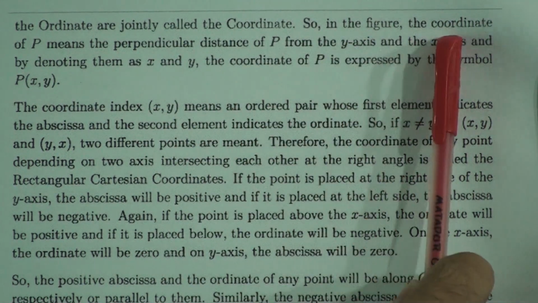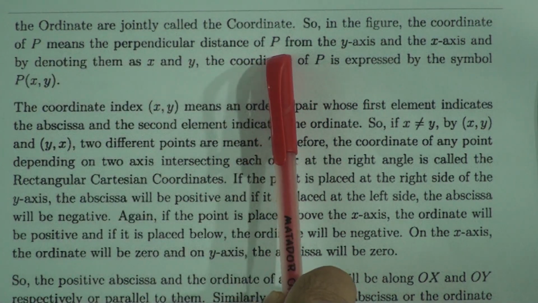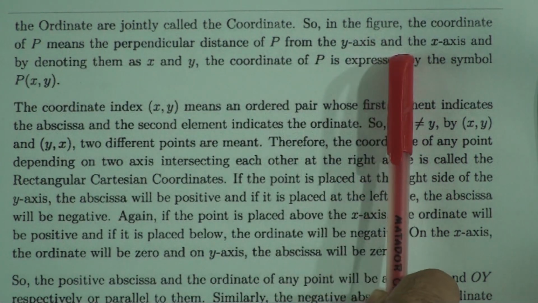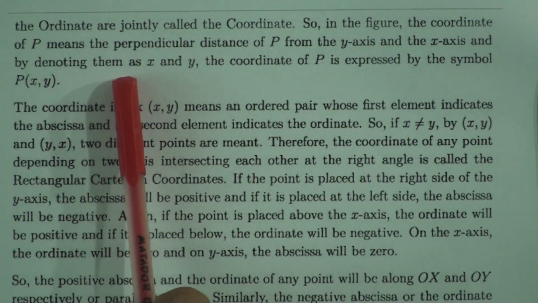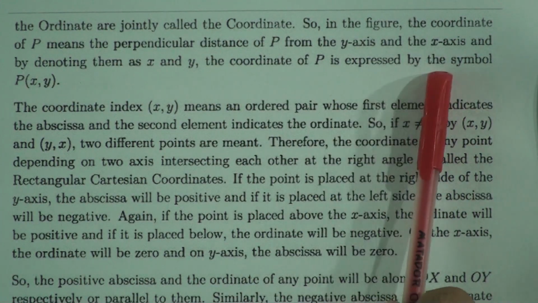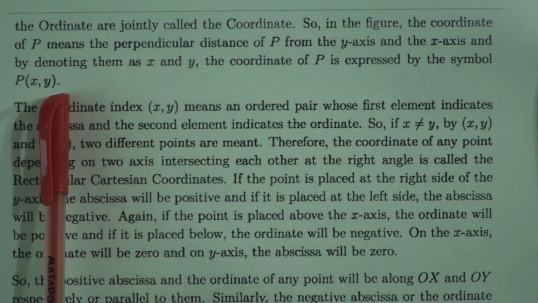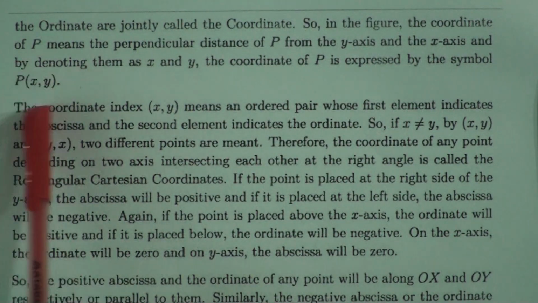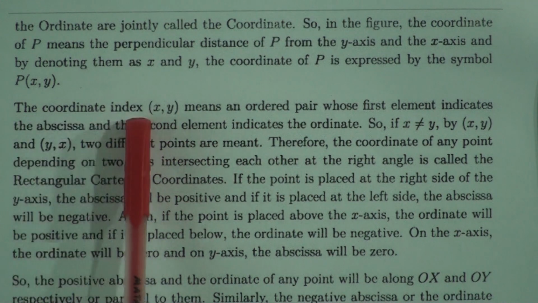In the figure, the coordinate of P means the perpendicular distance of P from the y-axis and the x-axis, and by denoting them as x and y, the coordinate of P is expressed by the symbol P(x, y). So this is the point P(x, y) on the xy plane.